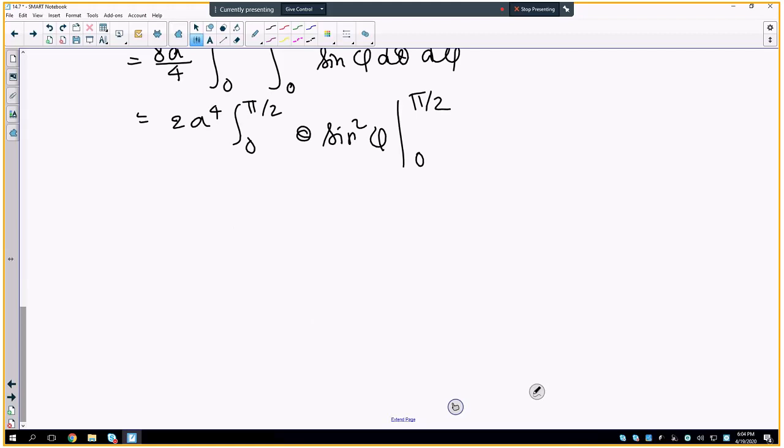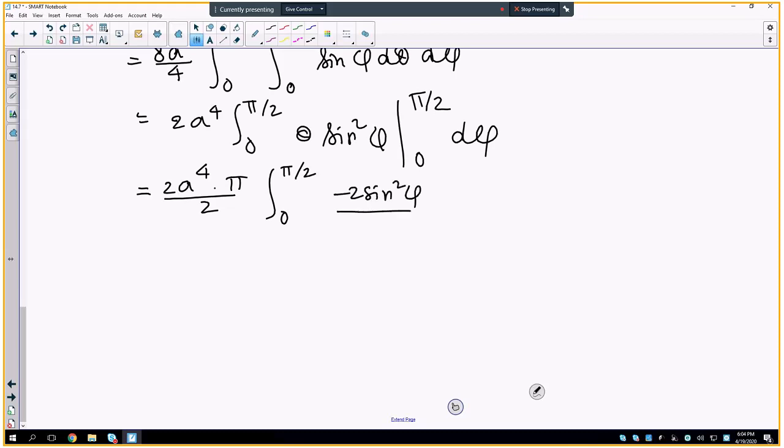And finally, you will do the antiderivative with respect to phi. So if you put pi over 2 for theta, that will be a constant which you can pull outside. So it's 2a to the power 4 times pi over 2. Antiderivative 0 to pi over 2. Sine square phi is not simple. You're going to first write it as minus 2 sine square phi over minus 2.